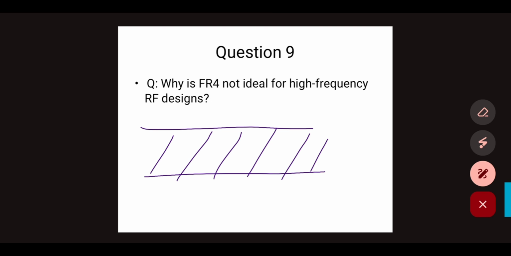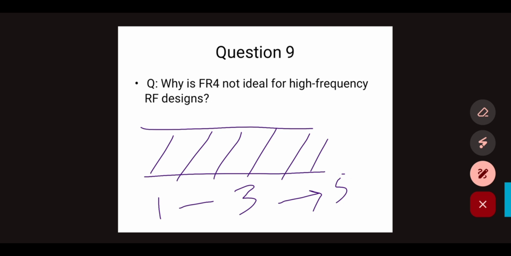So the problem with FR4 is that it is very lossy, and if I vary from 1 to 3 gigahertz, then its dielectric constant is not accurate. Not static. It keeps changing with the frequency as we go. Suppose maybe at 5 gigahertz, its dielectric will vary with the frequency.